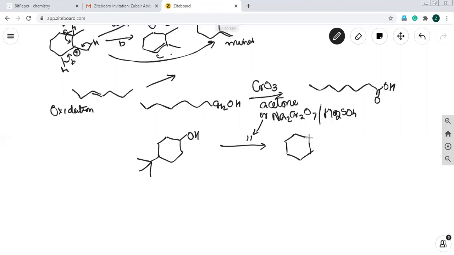Remember that secondary alcohol will give you the ketone. And also remember, tertiary alcohol will not be oxidized.